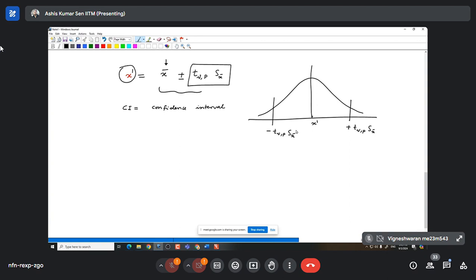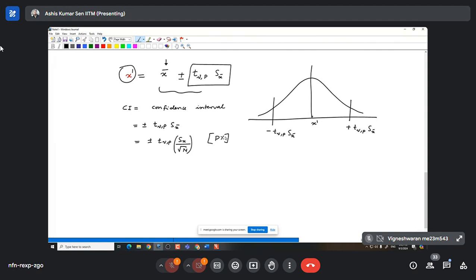So the confidence interval is basically plus minus t mu p sx bar, which you can write as plus minus t mu p sx divided by square root of n at some p% probability. This is something we have also discussed.